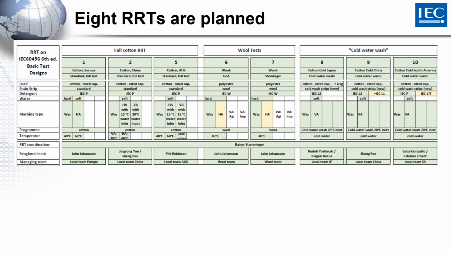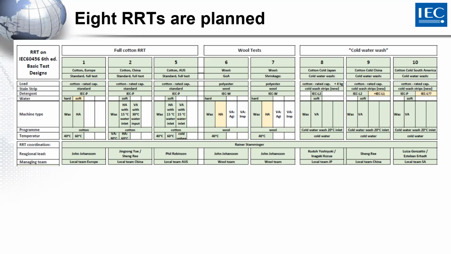These tests will be done in different areas. We have one part which will be doing this test in larger Europe. We have one part which will do the tests in China. And we have one part which is doing these tests in Australia. We have different machines which will be tested.